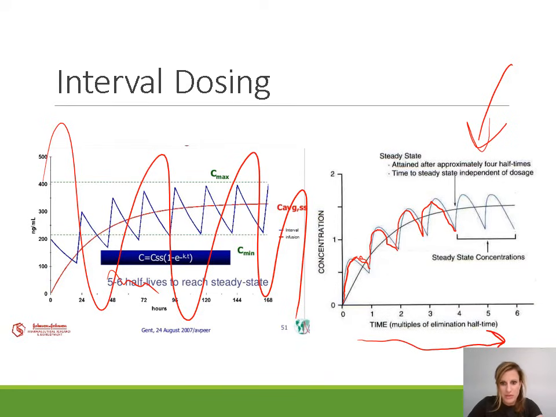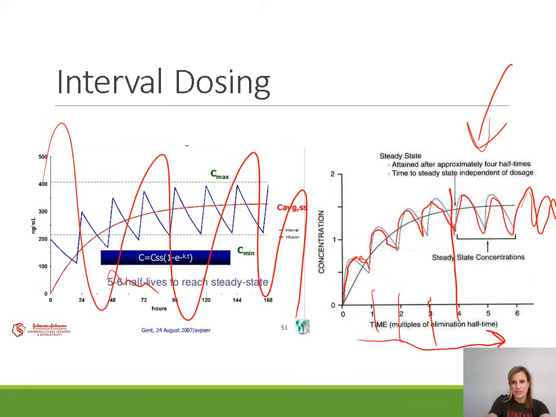So after one half-life, we dosed it again. After another half-life, we dosed it again. Another half-life, we dosed it again. And eventually, after about 4 half-lives, you'll notice that we are at steady state concentration. And again, it's going to continue to fluctuate at steady state concentration, but the average of those fluctuations is remaining steady.